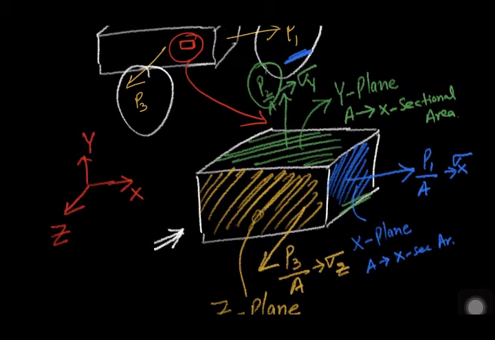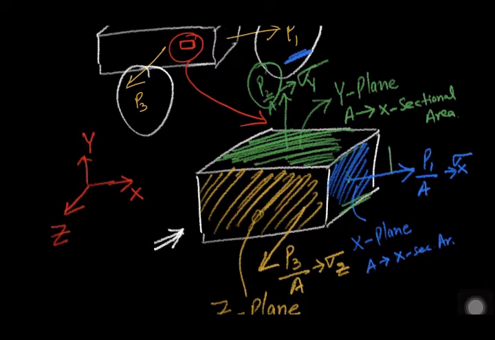Now suppose, since this P2 is acting in the upward direction on the y plane, we had a normal stress of sigma y. But on this plane, it is not acting normally. So P2 is not acting normally on the x plane. It is acting along the cross section, trying to move it upwards along the cross section.